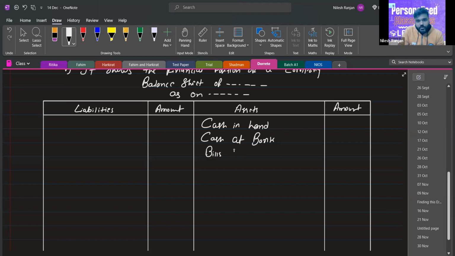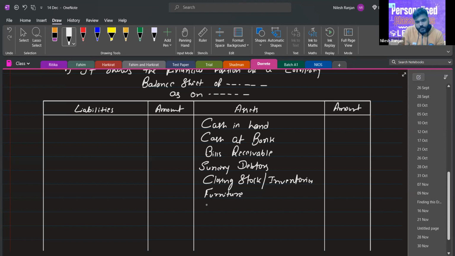bills receivable, and then sundry debtors, closing stock or inventory. After that, furniture, plant and machinery.